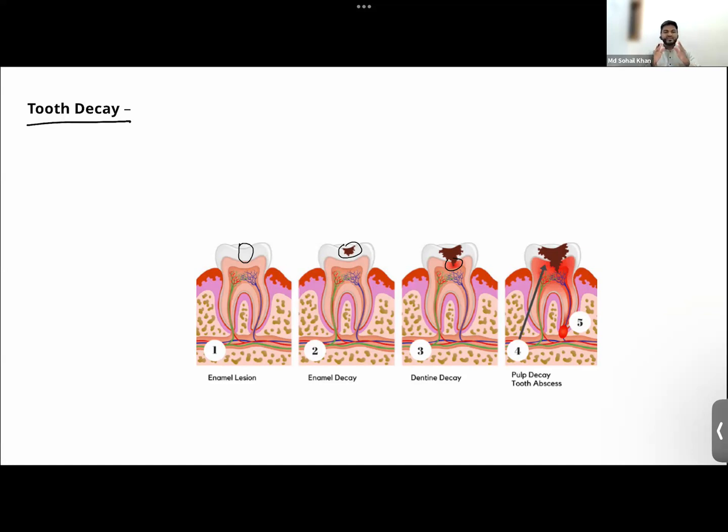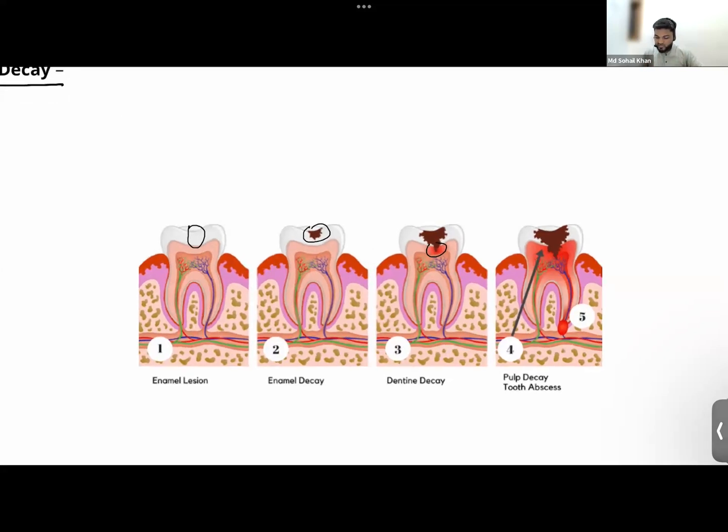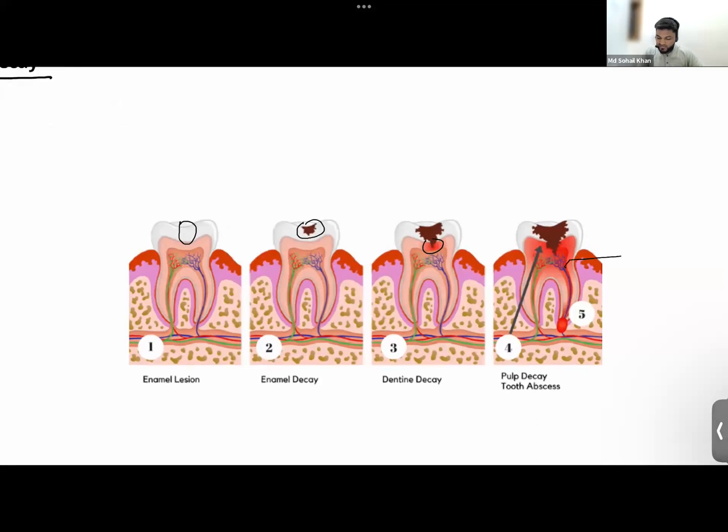It starts to release certain types of acids. Okay, guys, and slowly it will start to damage your teeth, and it will start reaching further and further inside the teeth. Okay, and it can be very painful. In the worst case scenario, your teeth might be removed. Okay, now in the last figure, you will see the tooth decay has reached the nerve endings here.